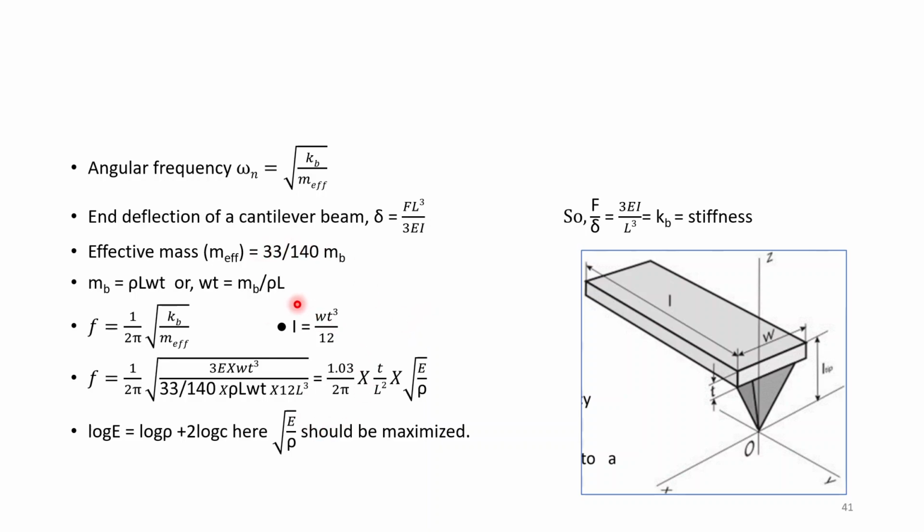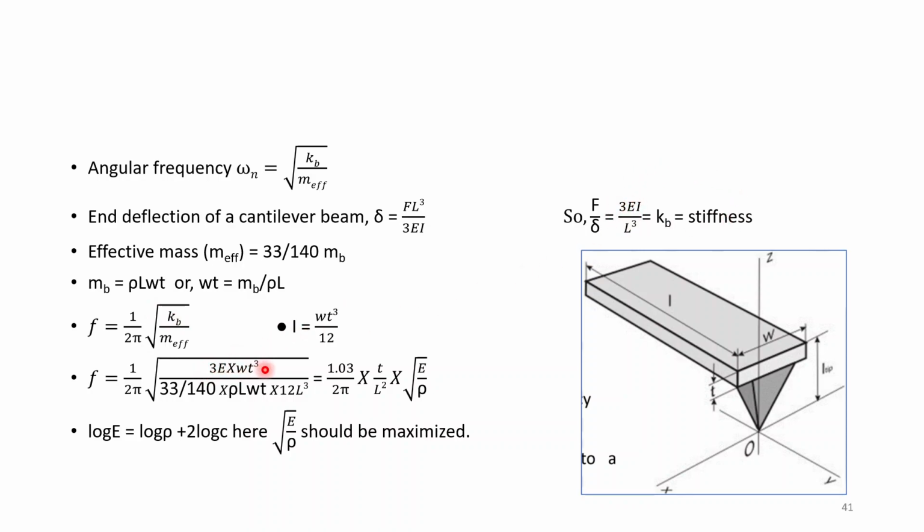Now you put all these values in this equation for frequency. You have to maximize the frequency, right? So you have to find the value of this entire thing. So 1 upon 2 pi. You put the value of kb. Kb you find out was in these terms.